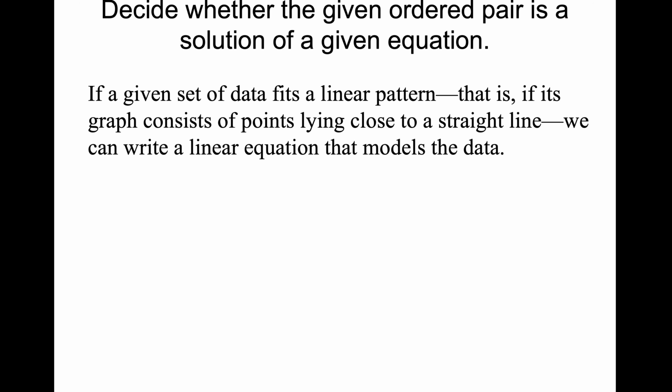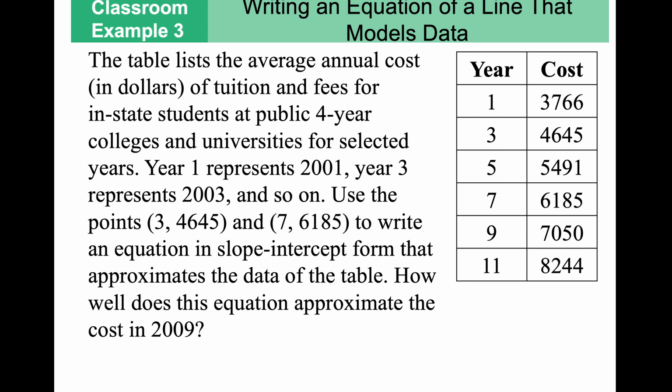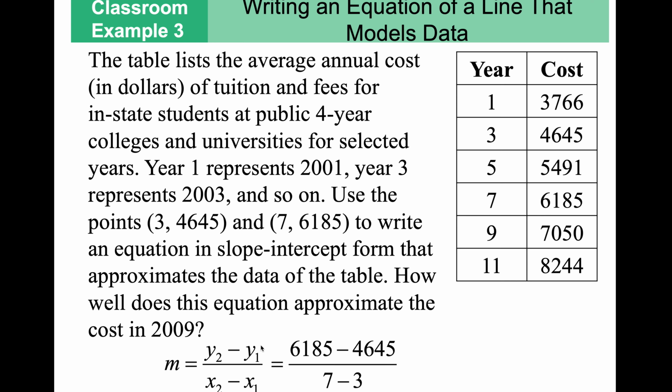If I'm given a data set and it's linear, I can use any 2 points within that data set to be able to find the equation of my line. So each one of these values is considered a point within the data set. I can take the slope between any 2 points. So here I chose 6185 and 4645, and that gives me a slope of 385.